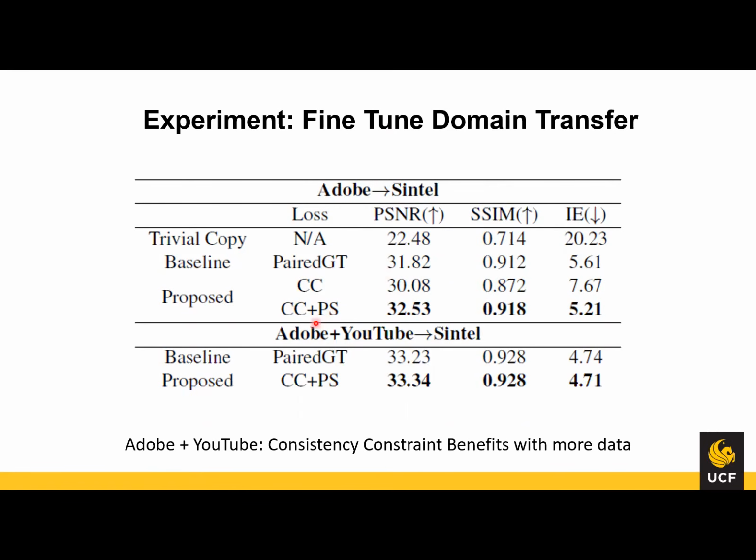And this is 100% due to the pseudo supervised method. And similarly, when we're using the Adobe plus the YouTube video, we're still getting a significant gain, although the baseline method is able to compete with the proposed method.